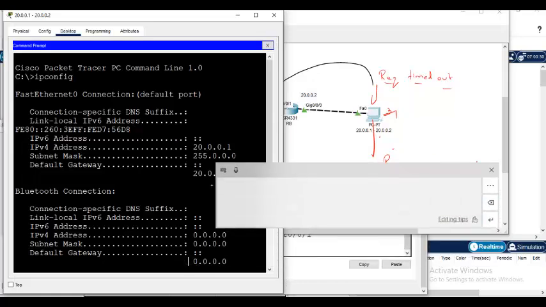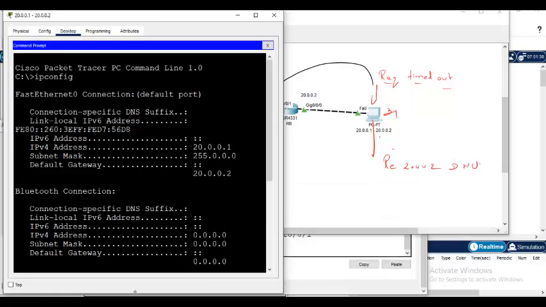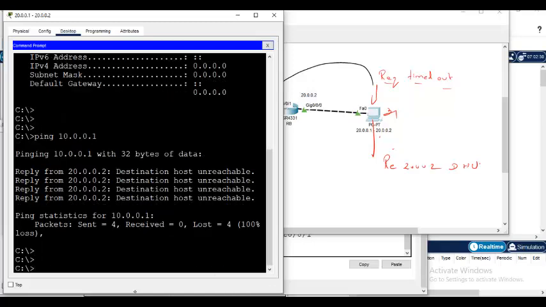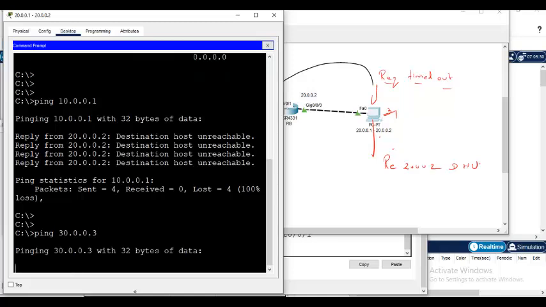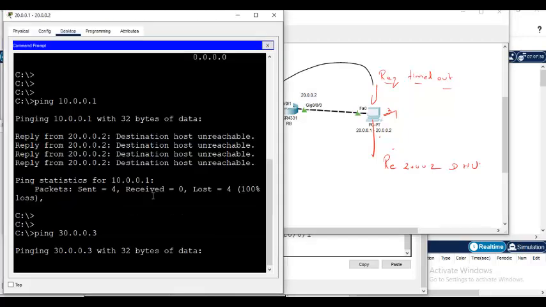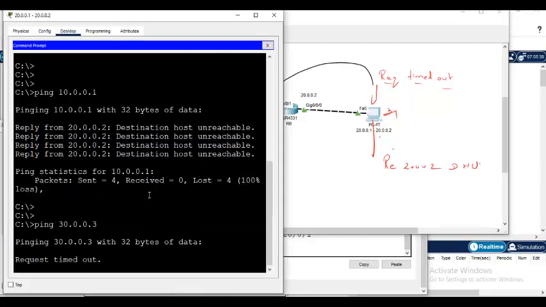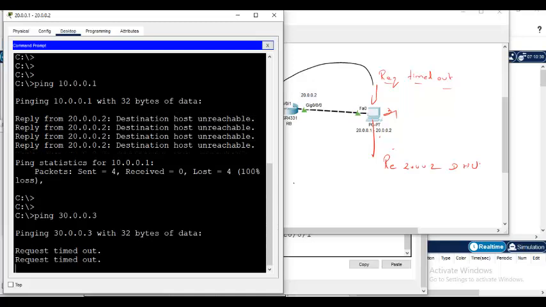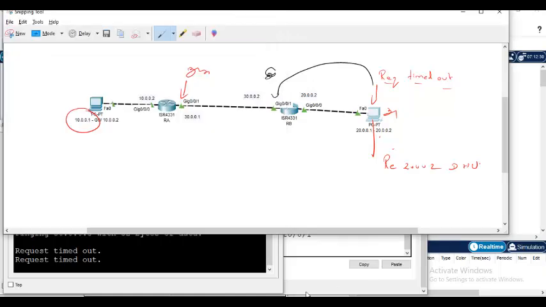I'm pinging 30002. 30002 is this. I'll get a reply. First packet because of ARP will be lost, but it will ping. No, I think I did not configure it properly. Let me go to this router B and check whether it is correct.